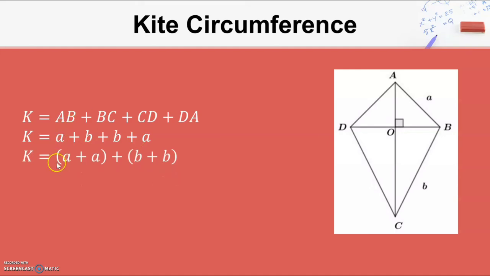So the kite perimeter is the quantity a plus a, from AB and DA, plus the quantity b plus b, from BC and CD. So K is a plus a, which is 2a, plus b plus b, which is 2b. So the perimeter of the kite is defined as K equals 2 times the quantity a plus b.